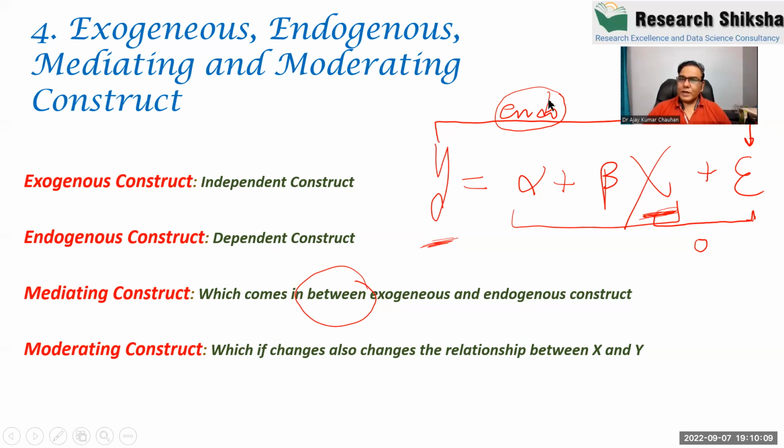This property is known as endogeneity. So a variable which has correlation with the error term is called endogenous, and the variable which is not correlated with the error term is called exogenous. The correlation with the error term is the basic root of defining whether a variable is exogenous or endogenous.